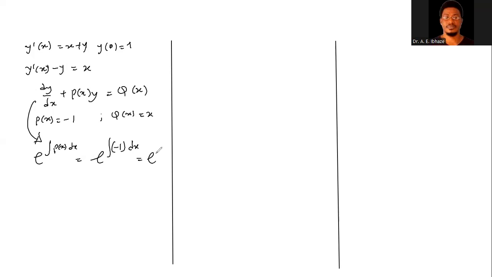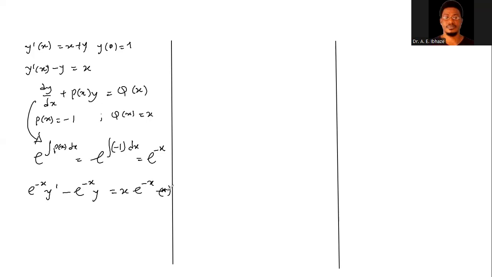And this will be the same as e to the minus x. So if we multiply our differential equation by the integrating factor, we're going to get e to the minus x y prime minus e to the minus x y equal to x e to the minus x. Let's call this equation star.